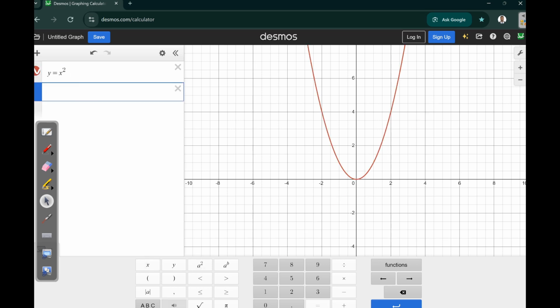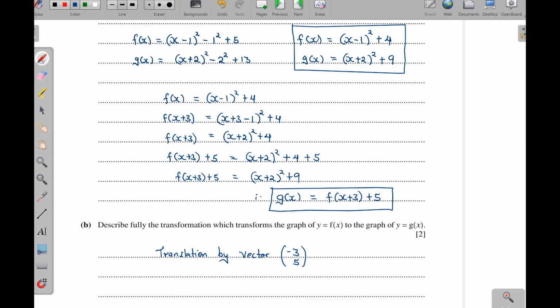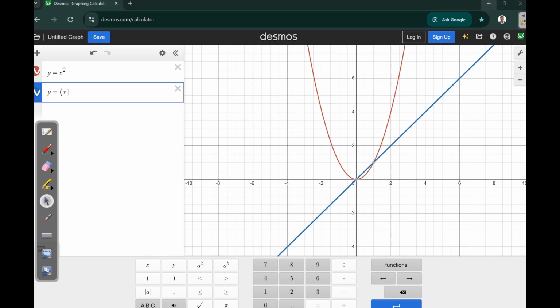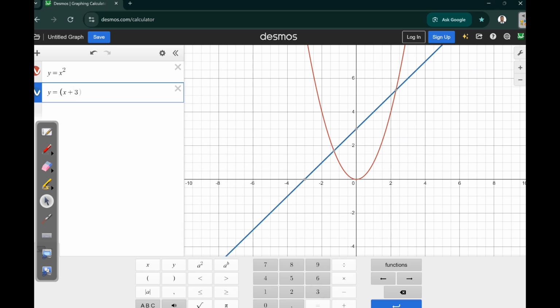Okay, and then I get y equals, I'm going to get this x here. Then, like the other one, we are having plus 3 and then the 5. So I'm going to put plus 3 on the x, then I add a 5.